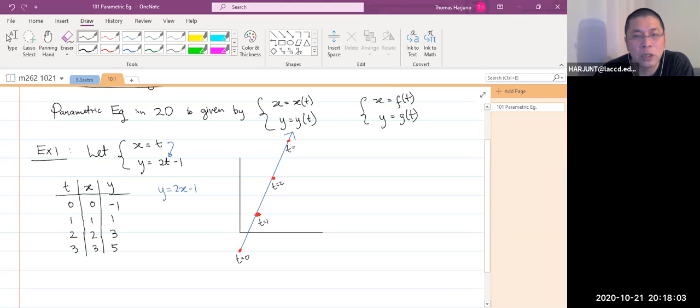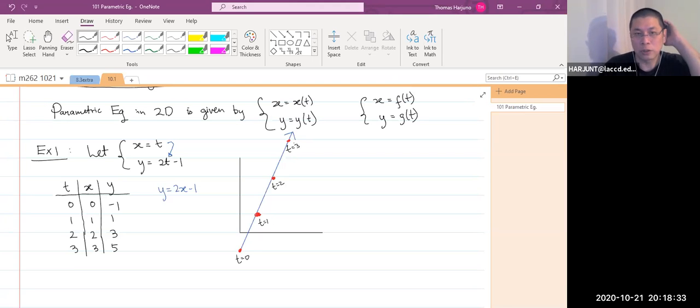T equals 3, it's located there. The trajectory, the path, forms a line, but on top of the shape, it also gives us the timing. Instead of just giving us the shape, it also tells us the timing. At what time, where is that thing located? That's actually the main use of parametric equation.